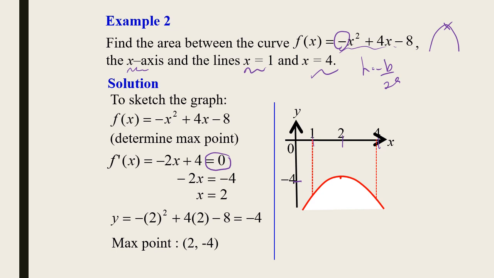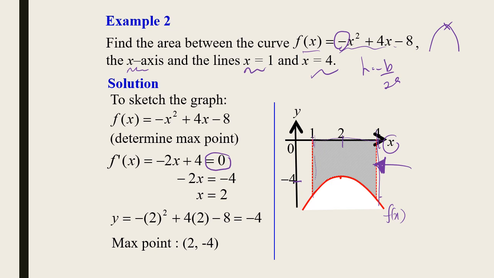So it should be bounded by all of these four pieces of information. The f(x), which is this, and then the x-axis, this is the x-axis, and then x equal to 1 and x equal to 4. So the area should be here. Okay, now how to find the area bounded by all of this information? Yes, we apply the integration, but see where the region lies.